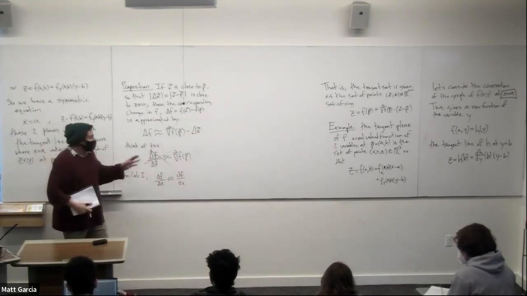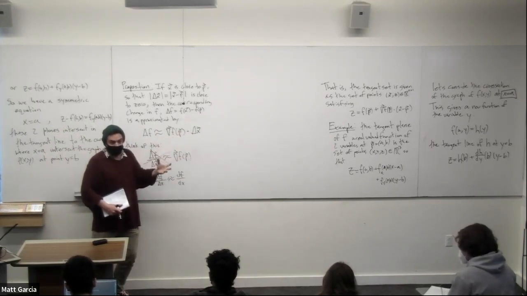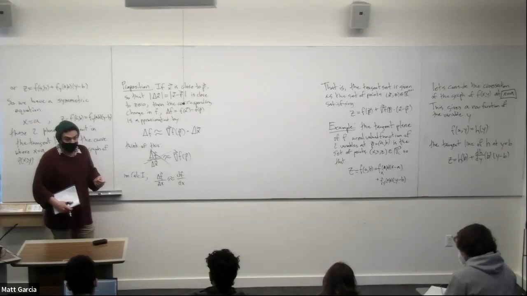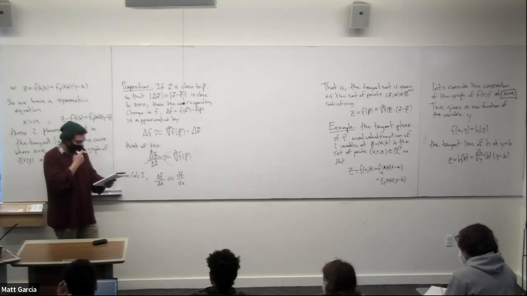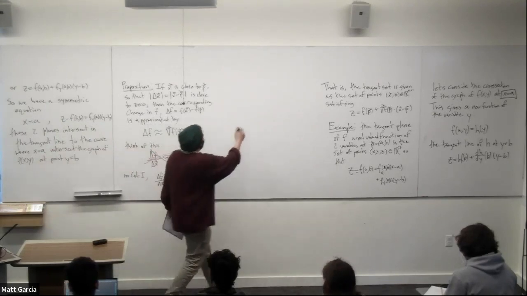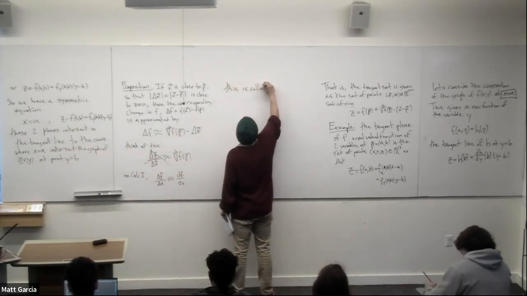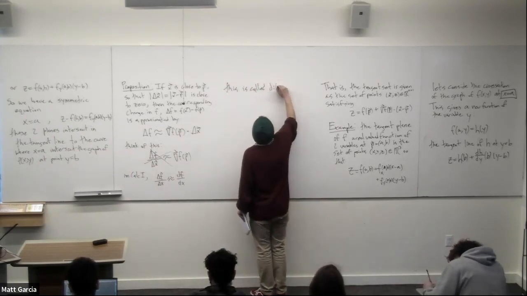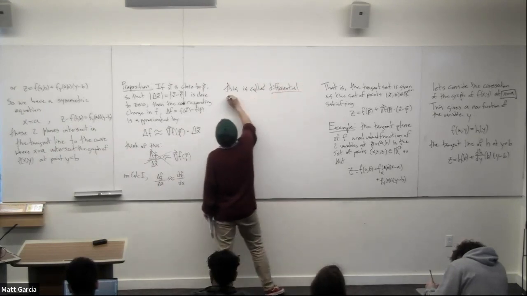And as we let x change, the derivative at p still tells us approximately how much the function is changing. Is that okay? All right. This is called differential approximation.